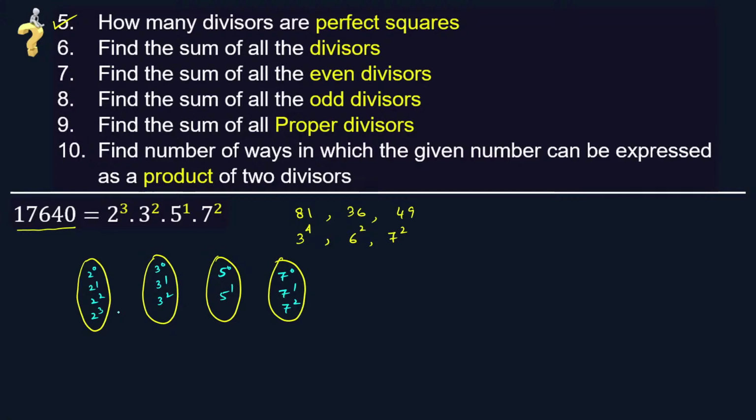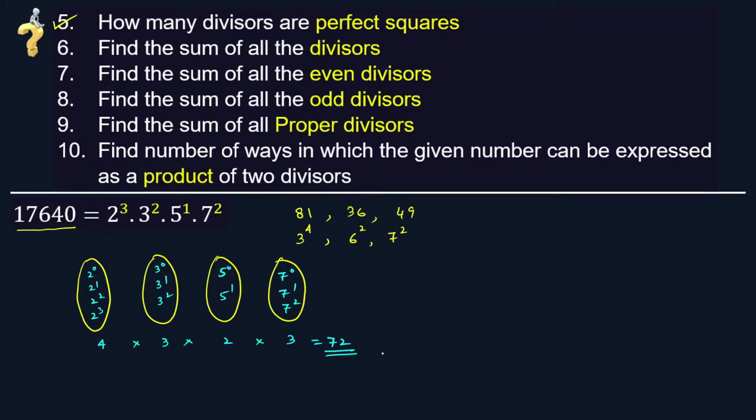Now, if we multiply the number of elements, here there are 4, 3, 2 and 3, we have already calculated this, we got 72. That is, the total number of divisors is 72.